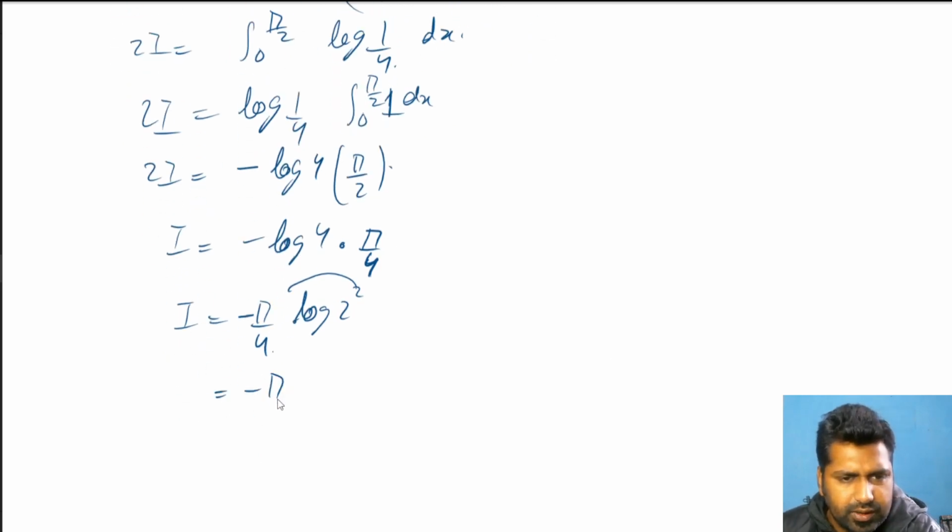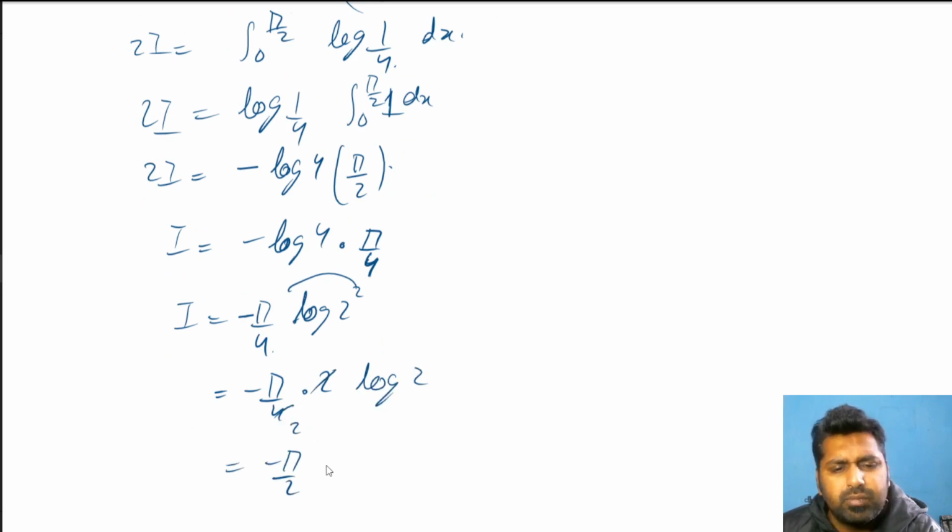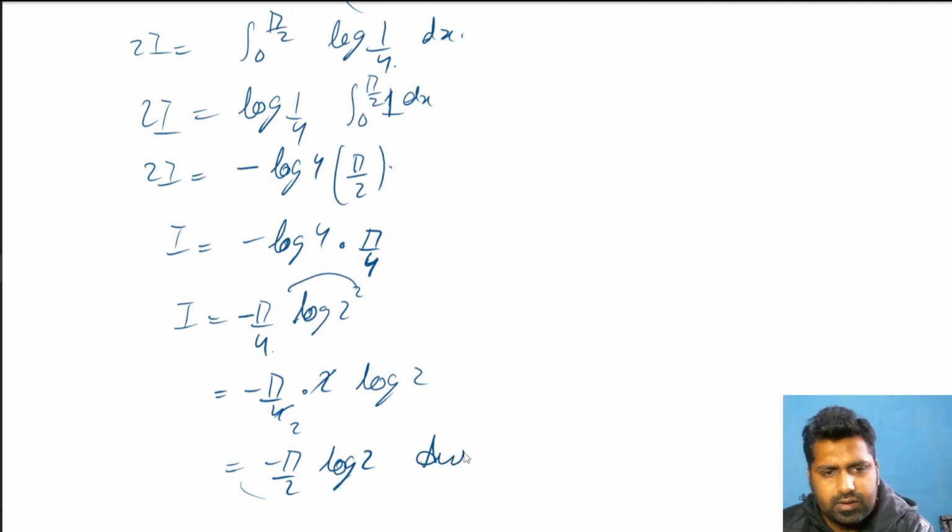So minus pi by 4 into 2 log 2. So 2 cancels. Fine. Minus pi by 2 log 2. Mostly the maximum simplified answer is this. But as such, this was also a correct answer. Again, it depends whether the option is given like this or not. And usually they will give this kind of option.